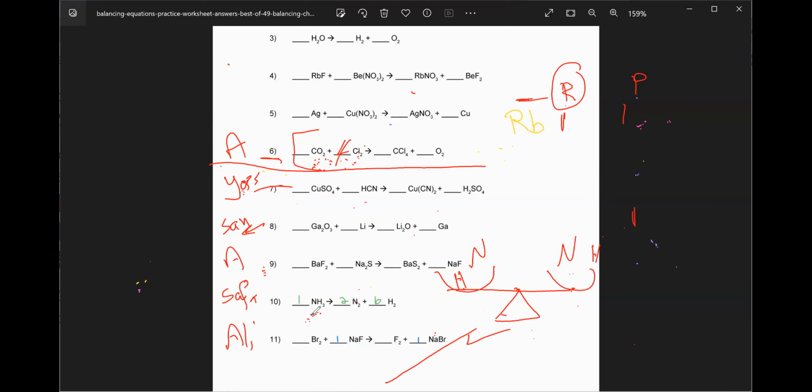Of nitrogen, 1. Hydrogen, 3. Okay, here in the product side, how many nitrogen? 2. But you added 2. It's already 2, and here has 1. You have at the same time nitrogen 2 and here 1.